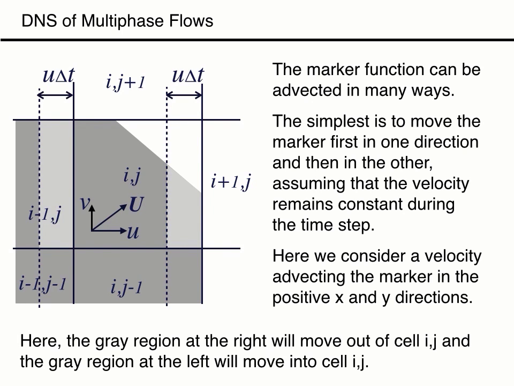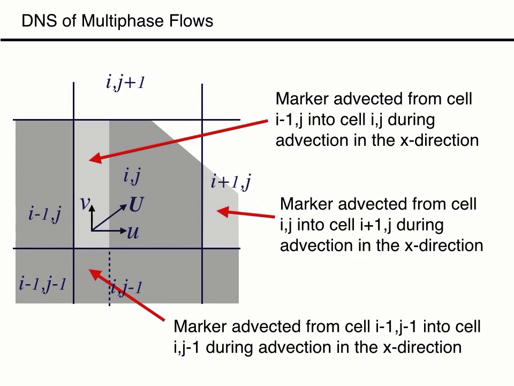Here, the gray region on the right will move out of cell i, j, and the gray region on the left will move into cell i, j. Thus, the total amount of marker that flows into cell i, j from the cell on the left, i minus 1, j, is given by the gray tall rectangle on the left, and the total amount of marker that flows out of cell i, j into cell i plus 1, j on the right is given by the gray polygon on the right.